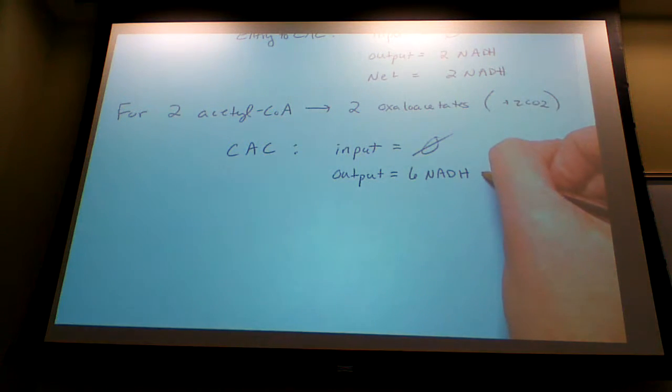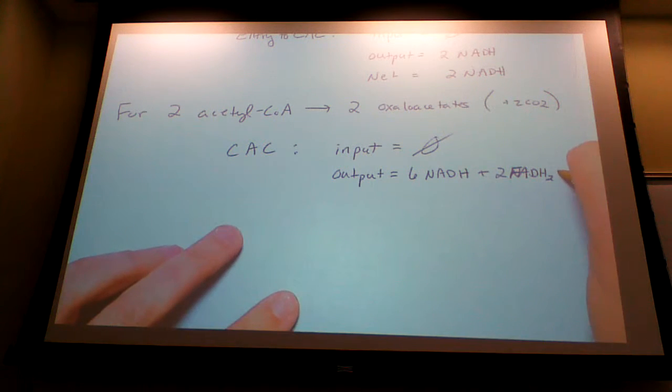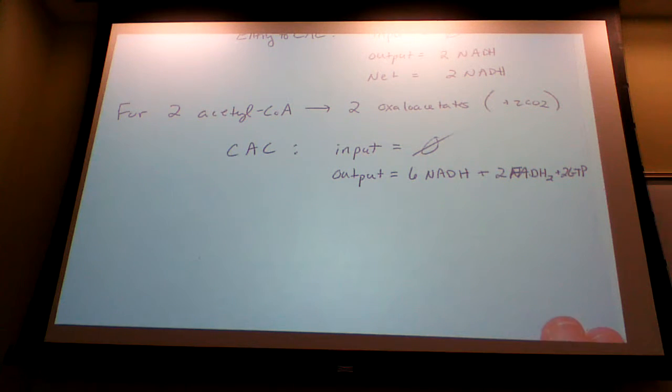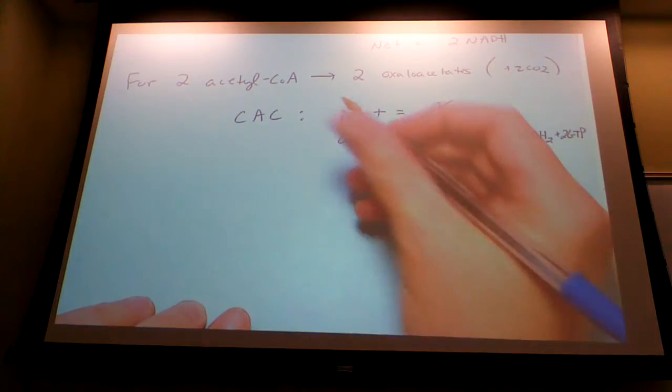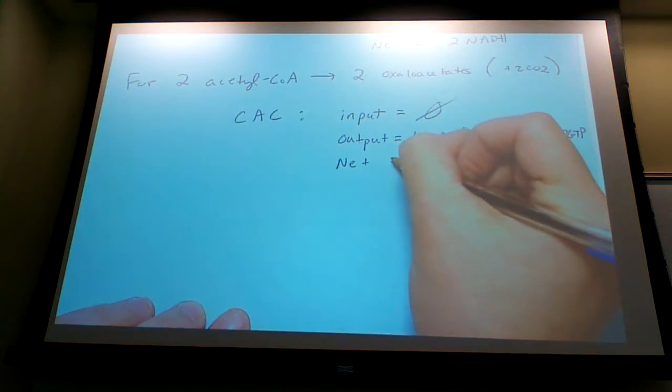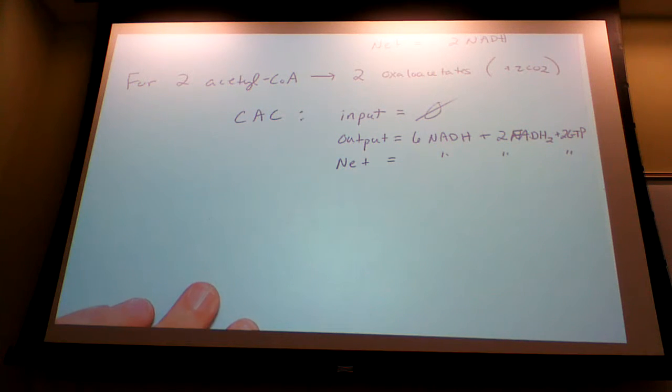How many FADH2s? 1 for each turn. How many GTPs? 2. So everything's doubled because we got 2 acetyl coenzyme A's. And then your net, same thing.